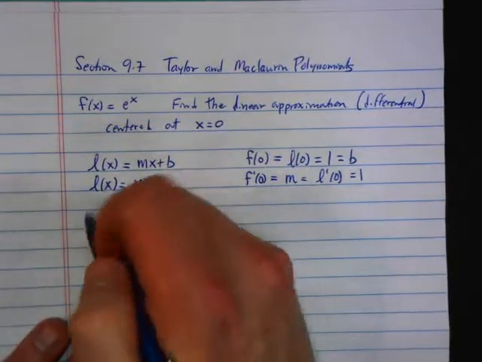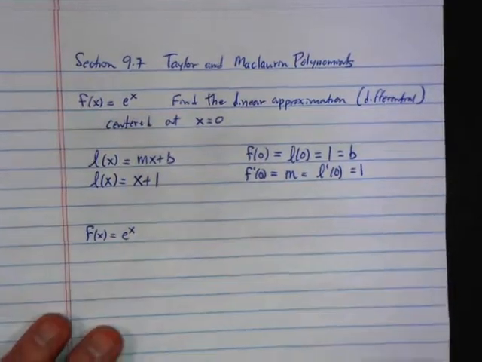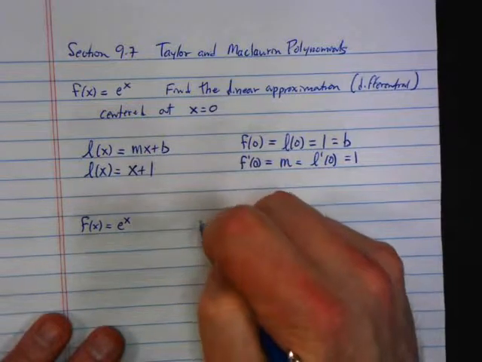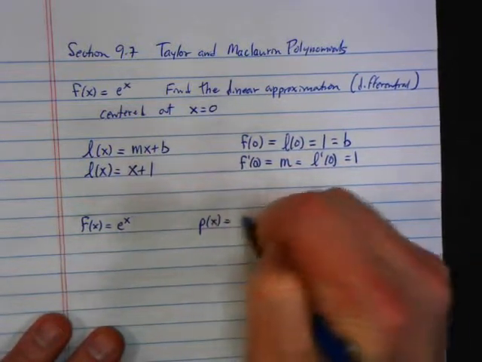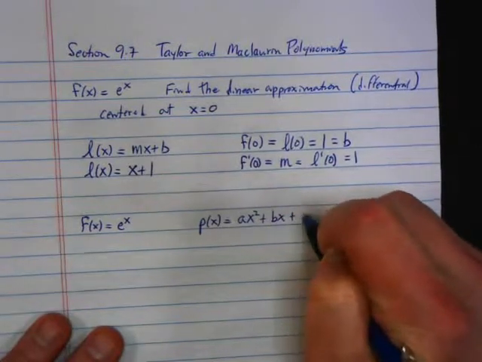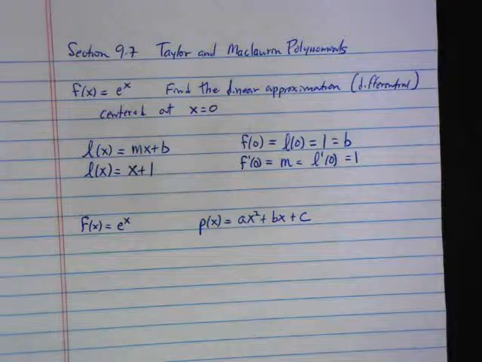We want f of x to be e to the x, and then we want to come up with a polynomial that approximates it. We'll use a quadratic equation to see if we can get a better approximation.